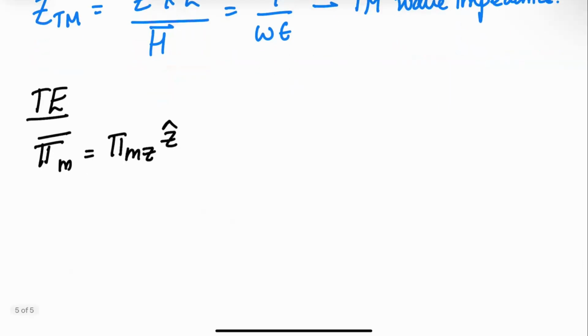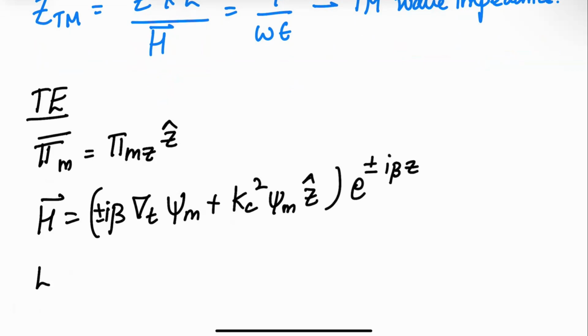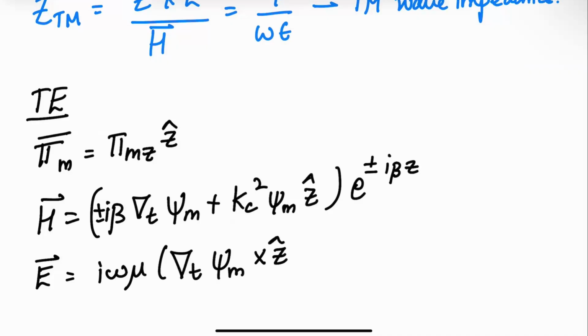And you can derive all the fields and you'll get H equal to I beta del T psi m plus kc square psi m z hat, all multiplied by e to the plus or minus I beta z. And E would be I omega mu del T psi m cross z hat times e to the plus or minus I beta z.